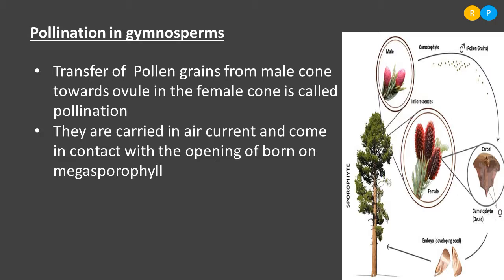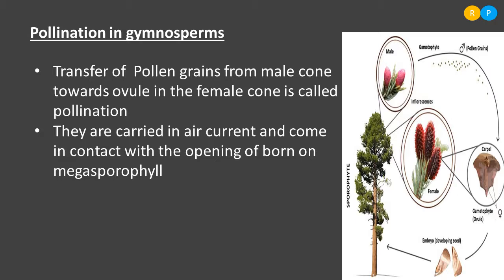Understood, right? In order to move in the air current, the pollen grain has small wing-like structures. Those wing-like structures help in flying, so that the pollen grain is easily carried by the wind current towards the female cone.